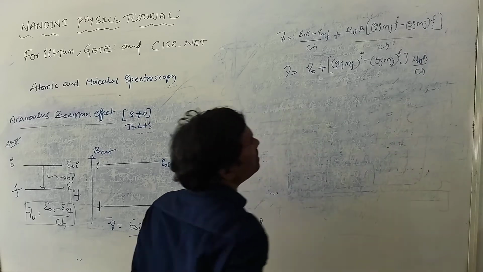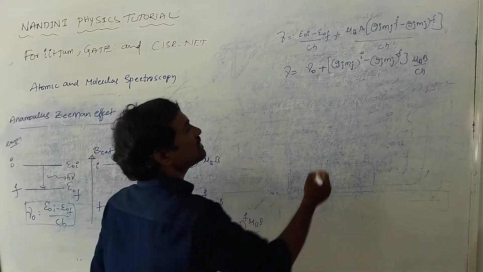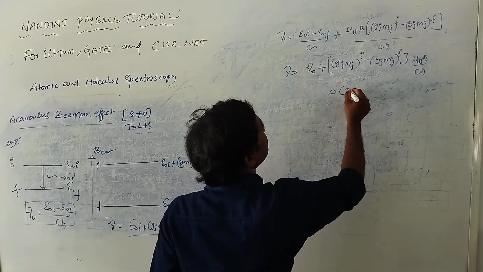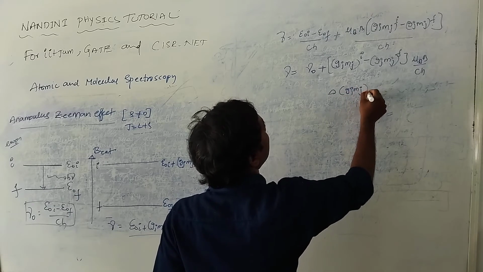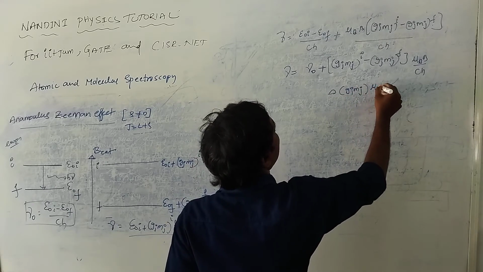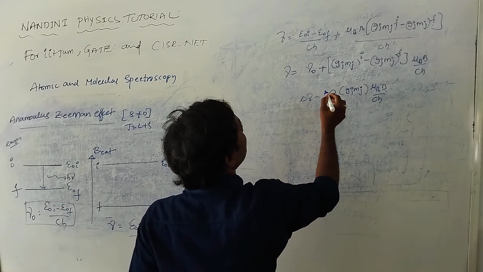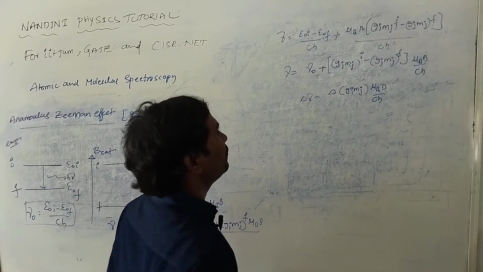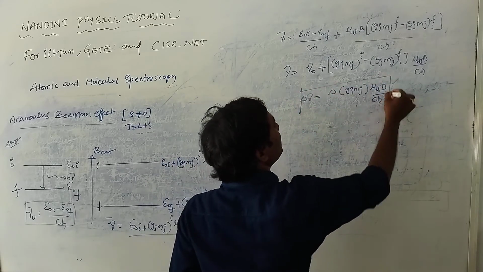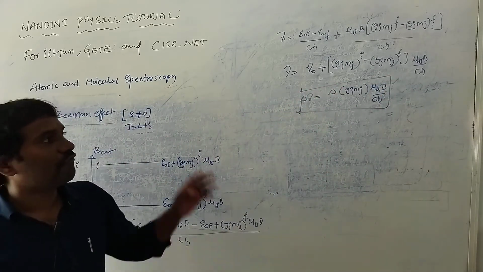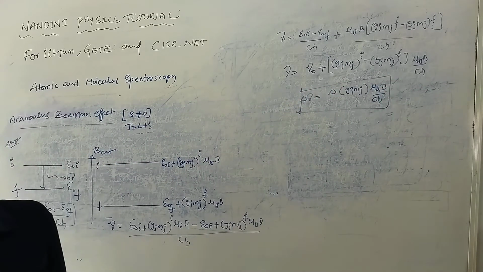This is called the energy shift, delta nu, equal to Gj Mj into mu B B by Ch. This is the energy shift of the anomalous Zeeman effect.